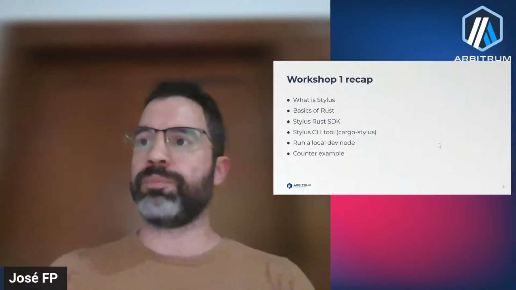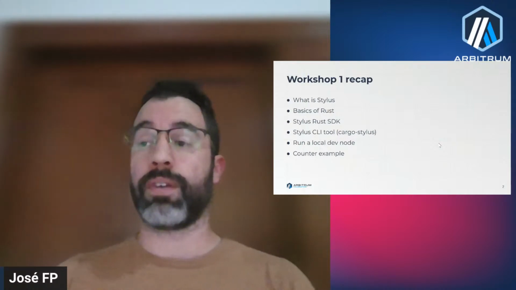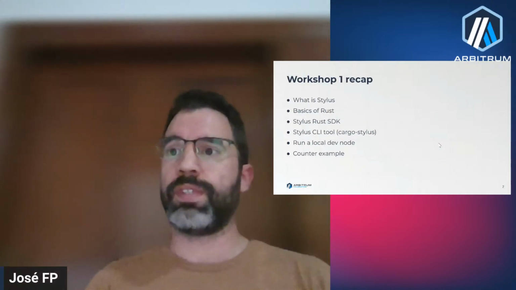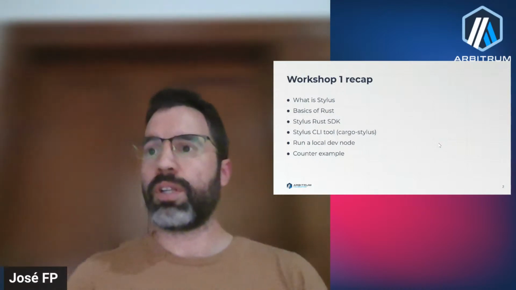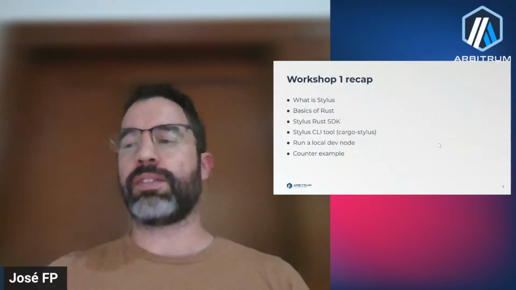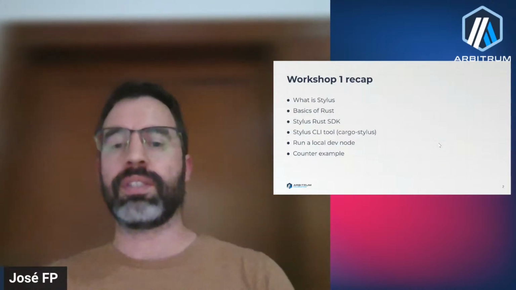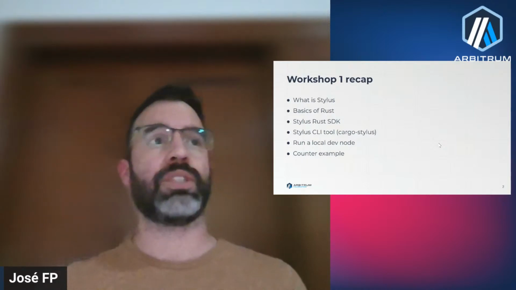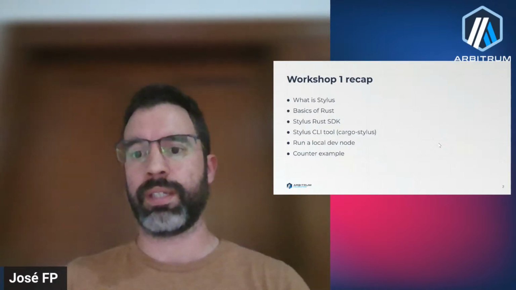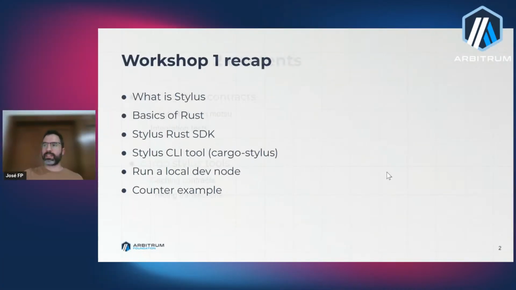Then we briefly touched the basics of the Rust language, to move then to the Stylus Rust SDK. Then we also talked briefly about the Stylus CLI tool called Cargo Stylus. We're going to talk a bit more about it today. And then we showed how to run a local dev node, and we showed also the counter contract example. So that's what we saw yesterday.